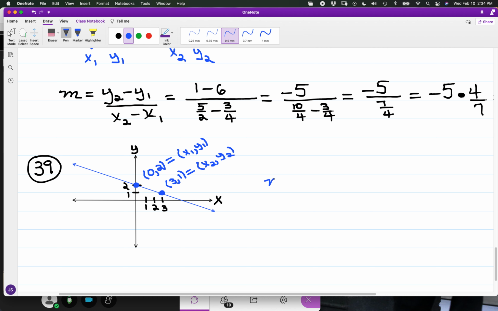So we have with the slope, okay, here with y2 minus y1, you have 1 minus 2. For x2 minus x1, we have 3 minus 0. So 1 minus 2 is -1. 3 minus 0 is 3. So we have with the slope, okay, this will come out to -1/3.